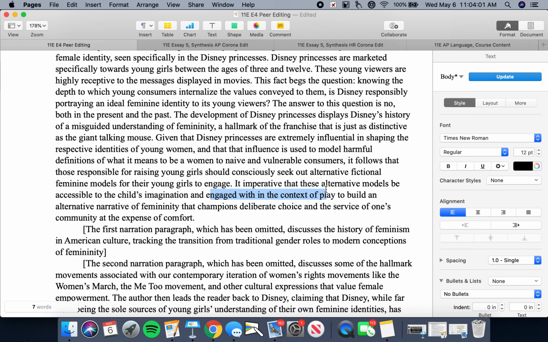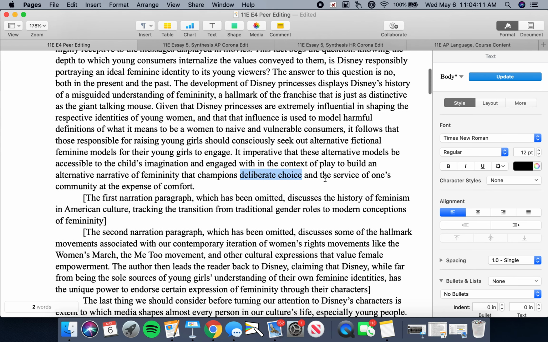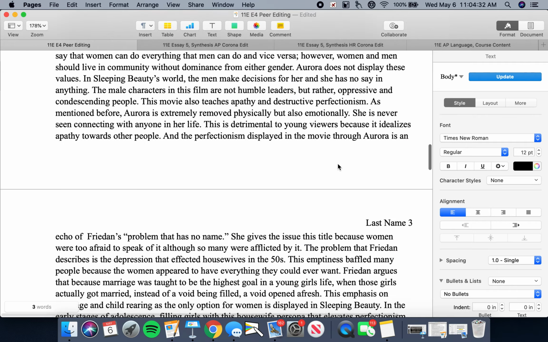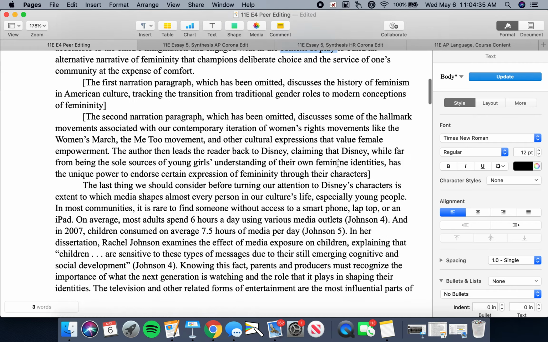So not only should the fictional model be deliberately making choices that align with their values in the narrative, and serving one's community at the expense of their own comfort in a way that is honorable, but they should be doing so in the context of a narrative that is engaging to the child's imagination and can be engaged with in the context of pleasure and play and fantasy.